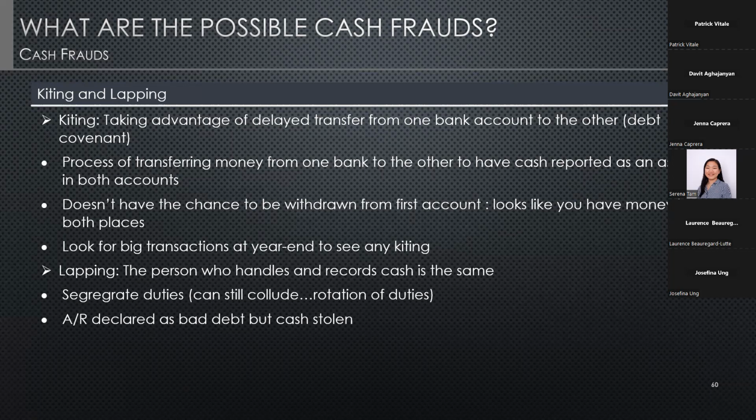So let's say you have 2 bank accounts, and you say, oh, I'm going to transfer all the money into the other one. It might take 1 or 2 days, but during that time, maybe the other bank says, actually, you're a good client, so we're going to grant you a balance here. And then you have 30,000 sitting in both, but you actually had just 30,000 at the beginning. So that's where kiting comes in.